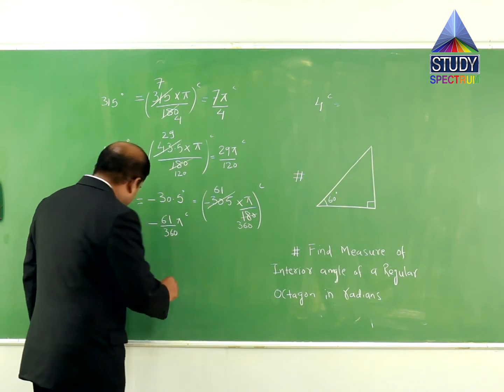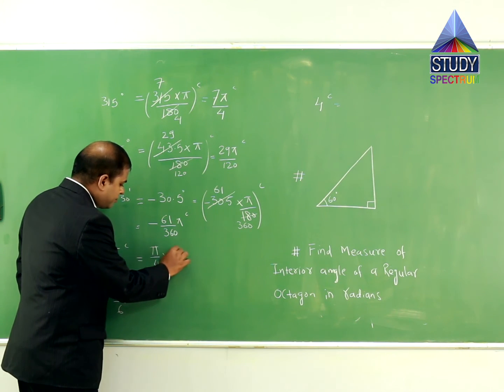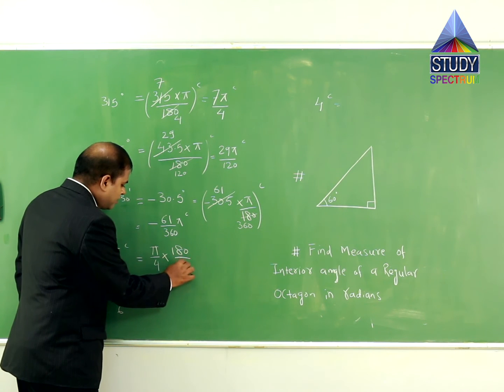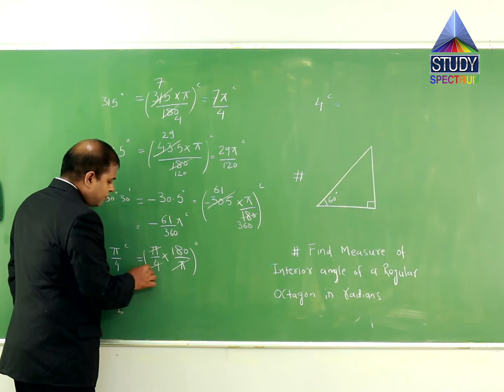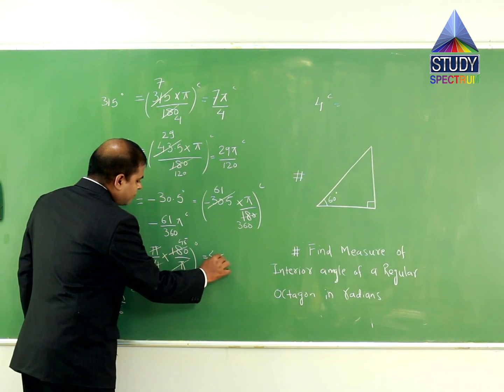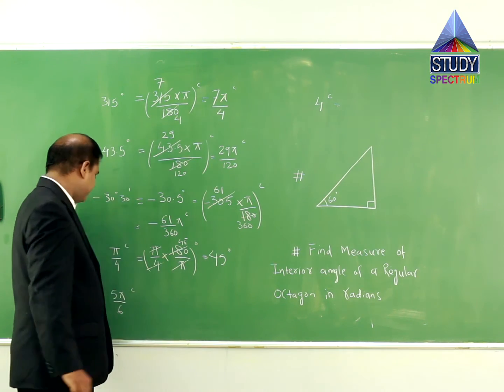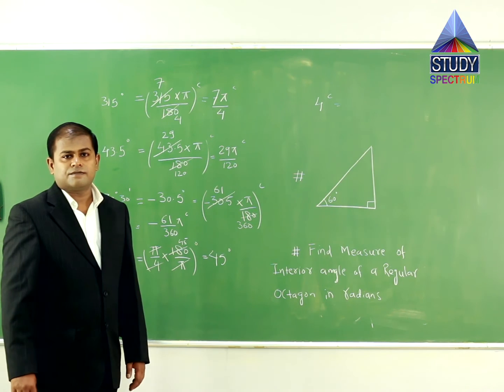So pi by 4 radian is pi by 4 into 180 by pi degrees. Pi gets cancelled, 4 into 45, so answer is 45 degrees. So pi by 4 radian is 45 degrees.